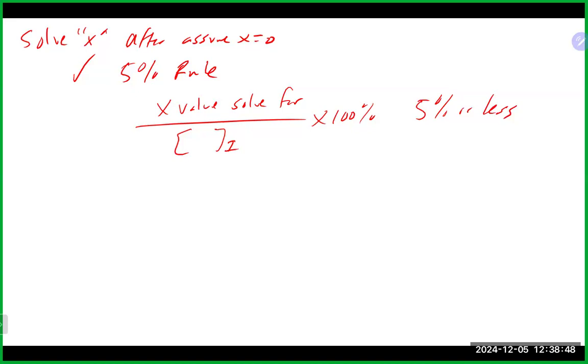So if you make the assumption and you do this after you solve for it and it's 5% or less, you're good to go. You could use that x value in your table. Remember that if it is over 5%, you do need to go back, and most likely you're going to use the quadratic to solve it that way in that particular case. Any questions on that there?